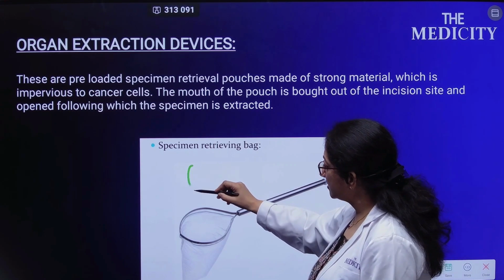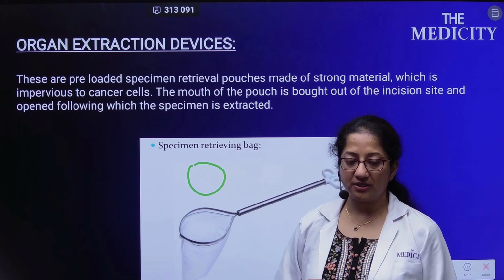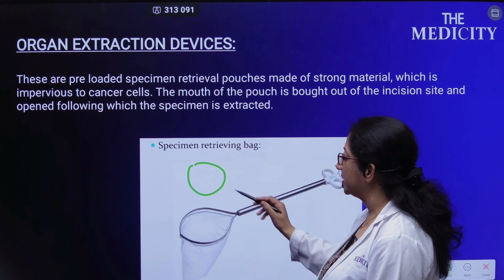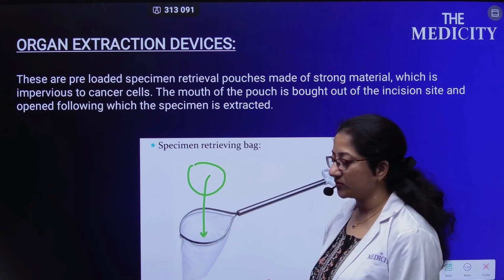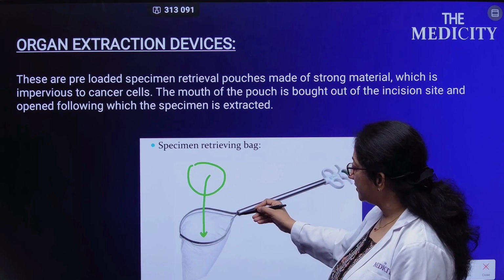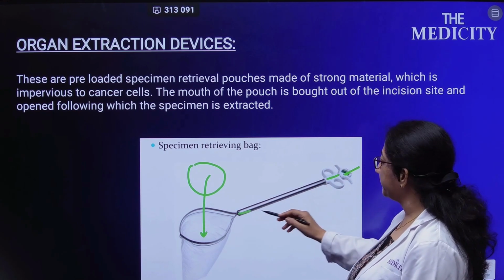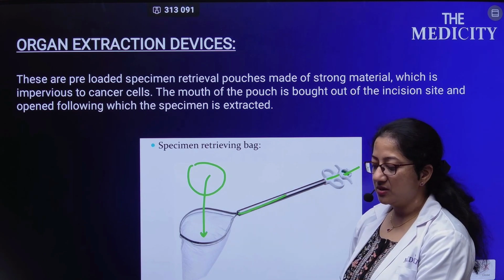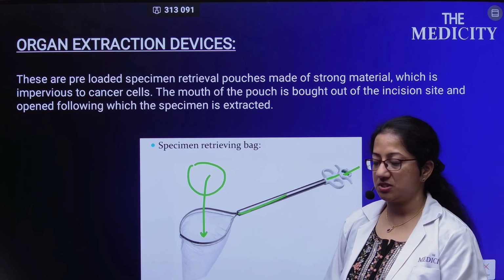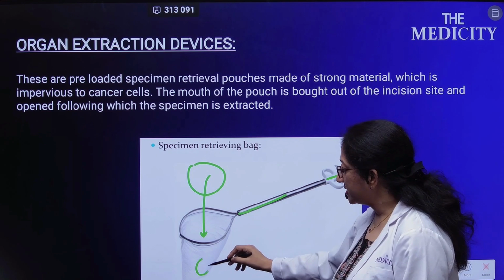So suppose this is the cyst which we have excised intact and it has not ruptured. We put the cyst in the bag. Then we pull this thread from here and we pull it back so that the mouth of this bag closes and the cyst is inside.